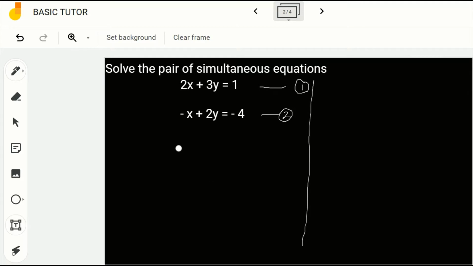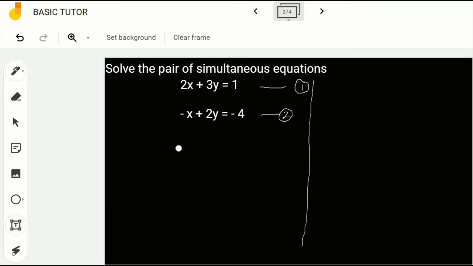Using the elimination method, the first thing I have to do here is ensure that I have equal coefficients in either y or x. For me to get x, I have to eliminate y. For me to get y, I have to eliminate x.